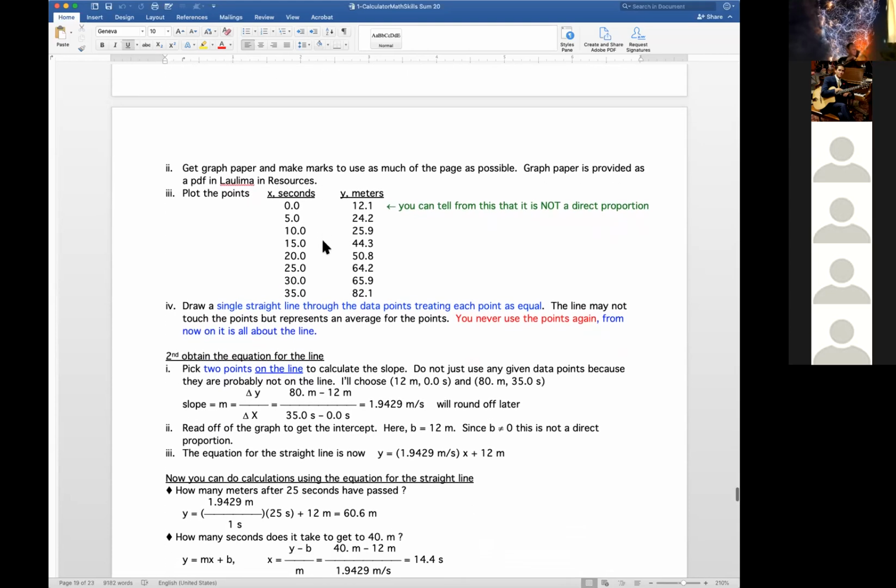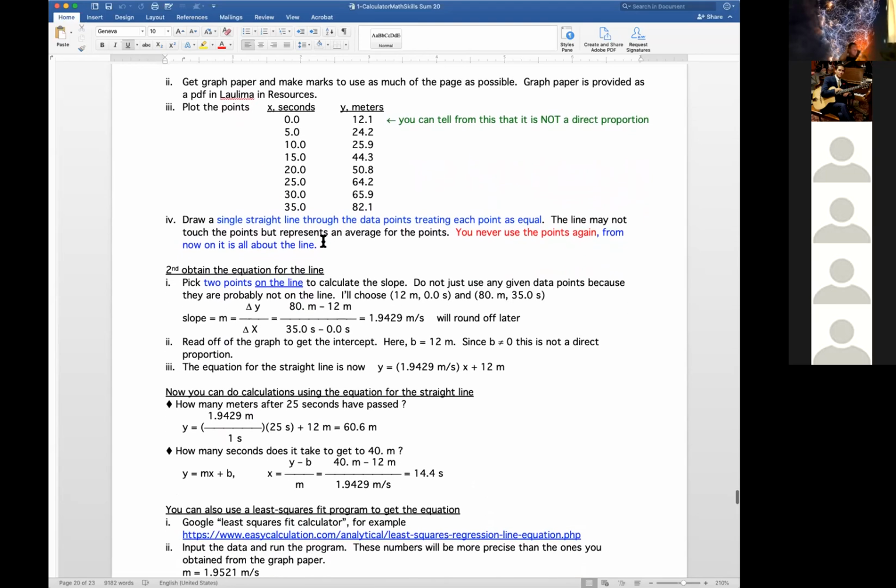You get a piece of graph paper and you make marks on it, and you want to use as much of the page as possible. I have all this specialized graph paper that nobody uses anymore, because we have computers. One day you'll show a piece of graph paper to someone and they'll have no idea what that is.